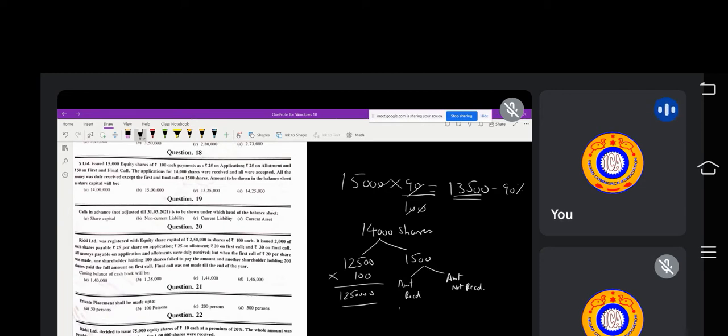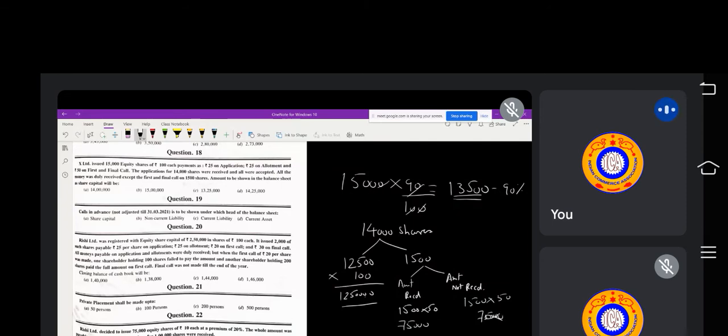So calculate what is 1,500 into 50. It is 75,000 rupees, right? So 75,000 rupees you have received. So what is the amount that you have not received? 1,500 into another 50 rupees. So that gives you another 75,000. So 75,000 you have not received.